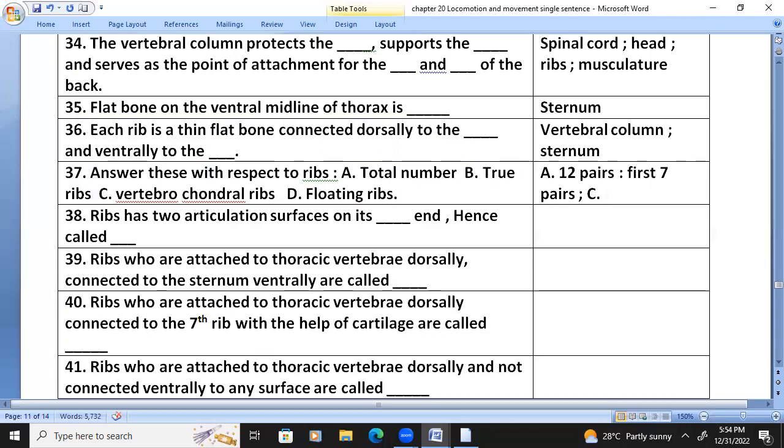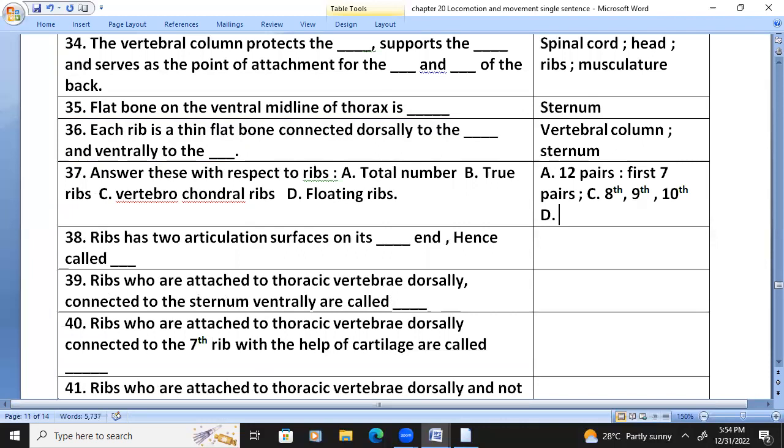Next, vertebrochondral ribs: 8th, 9th, and 10th are called vertebrochondral ribs. Next, floating ribs: 11th and 12th are called floating ribs. Ribs have two articulation surfaces on their dorsal end, hence called bicephalic.